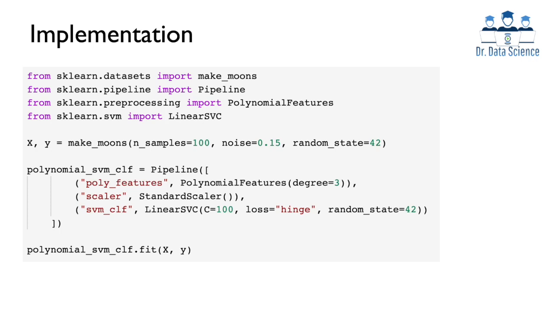We're using pipeline, polynomial features, and also support vector machines. We are again using pipeline to combine these transformers and estimators, where the estimator is this support vector machine. Here you can see that we set the regularization parameter C to be 100 and use .fit to train this model.